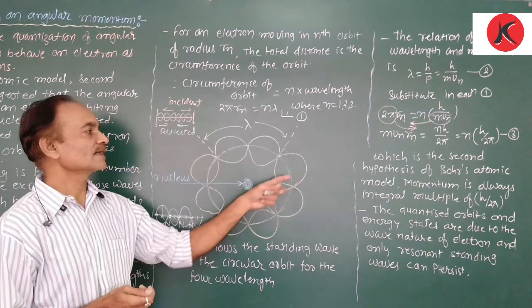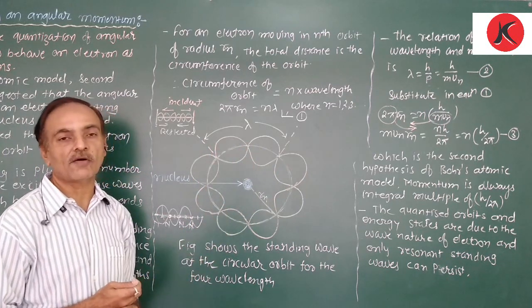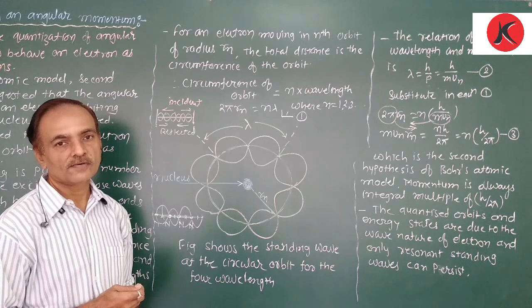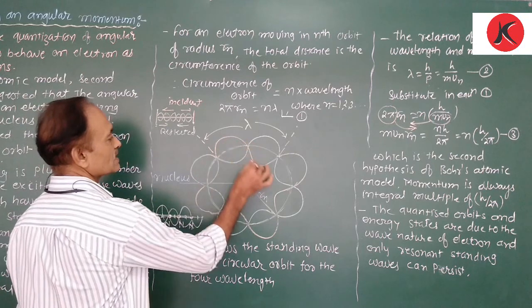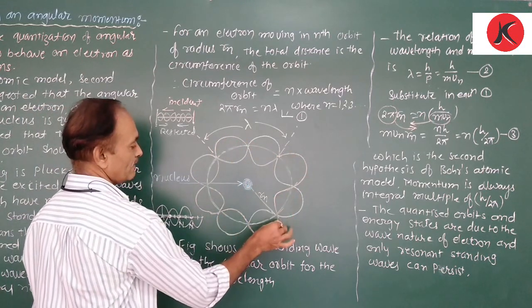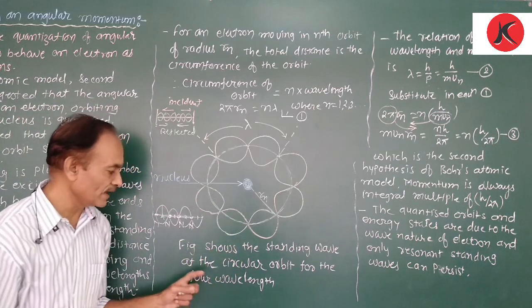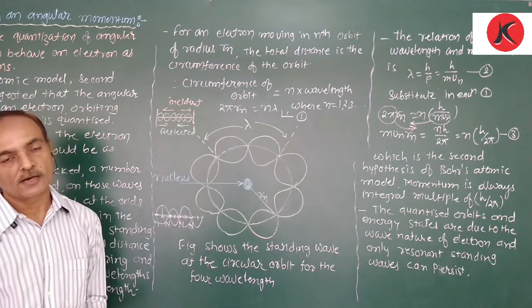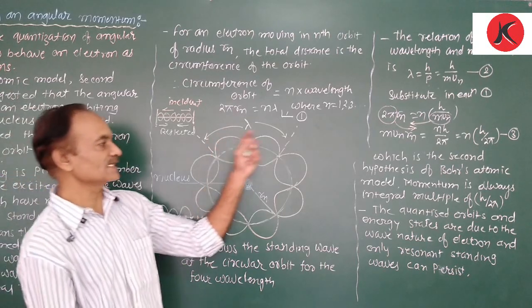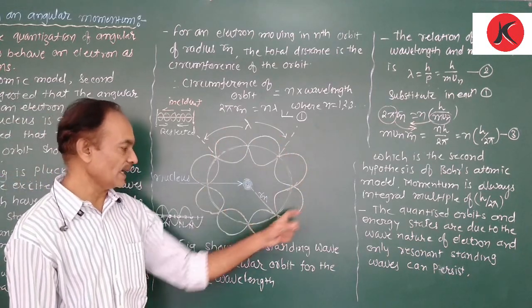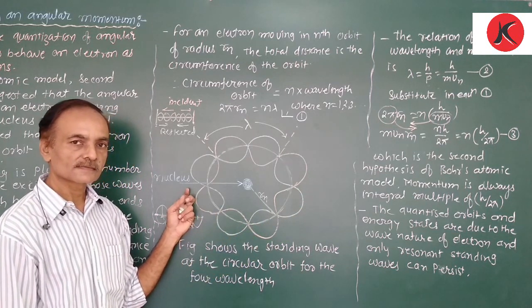So the complete wavelength must be an integral multiple, n times wavelength. This distance is known as one wavelength. Then there is the second wavelength, third, fourth. The figure shows the standing wave in the circular orbit for 4 wavelengths. The total distance is 4 times wavelength: 1 times, 2 times, 3 times, and 4 times. Right?